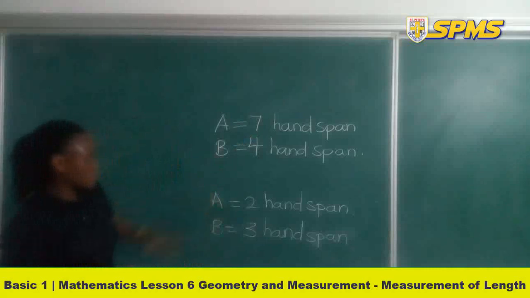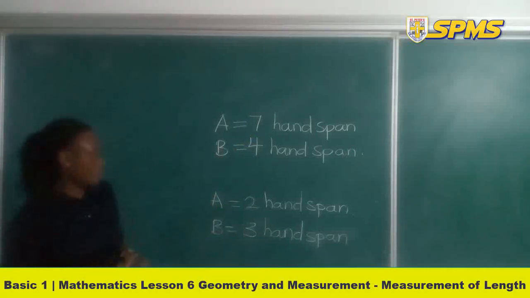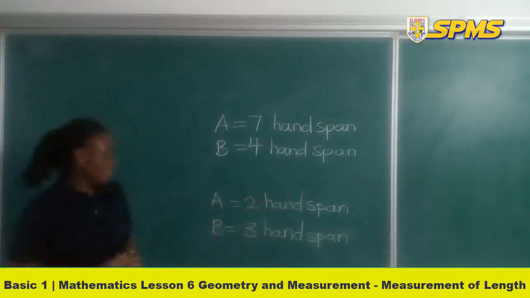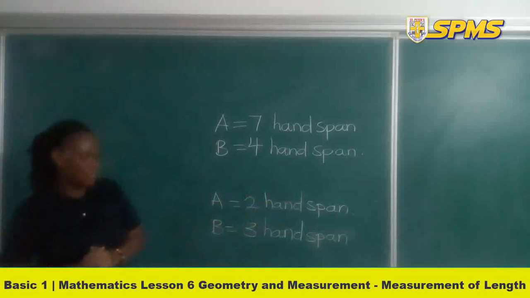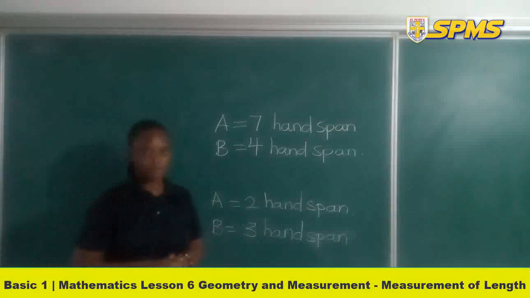Let us move on to our second object. Object A, when we measured, we had 2 hand span, and object B, we had 3 hand span.